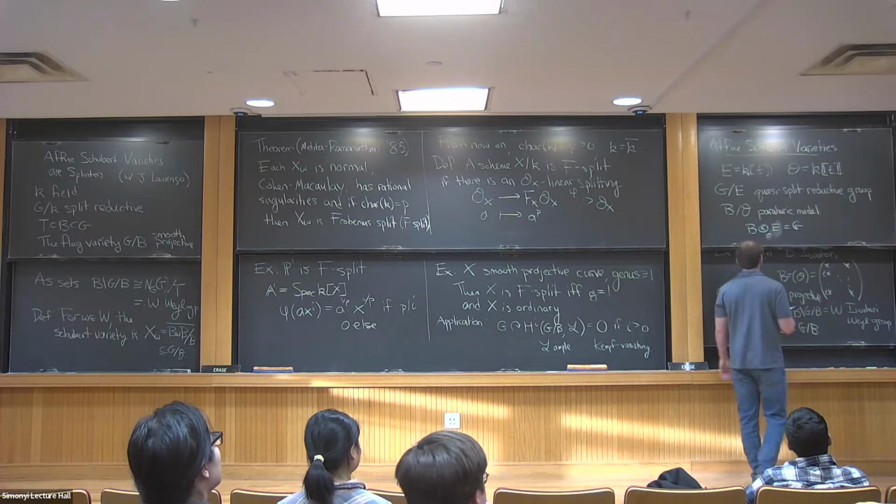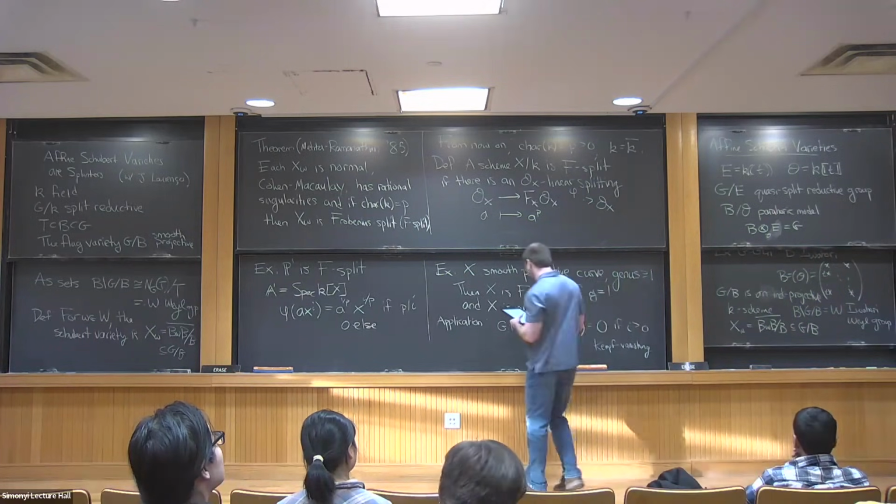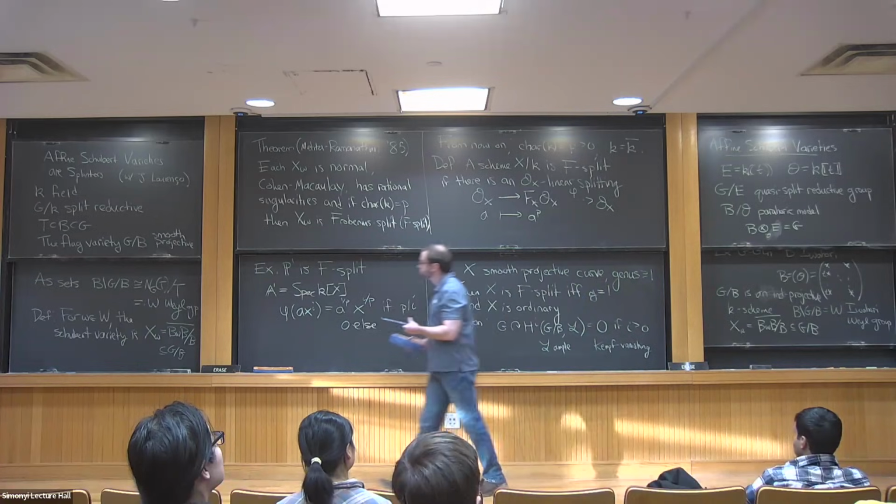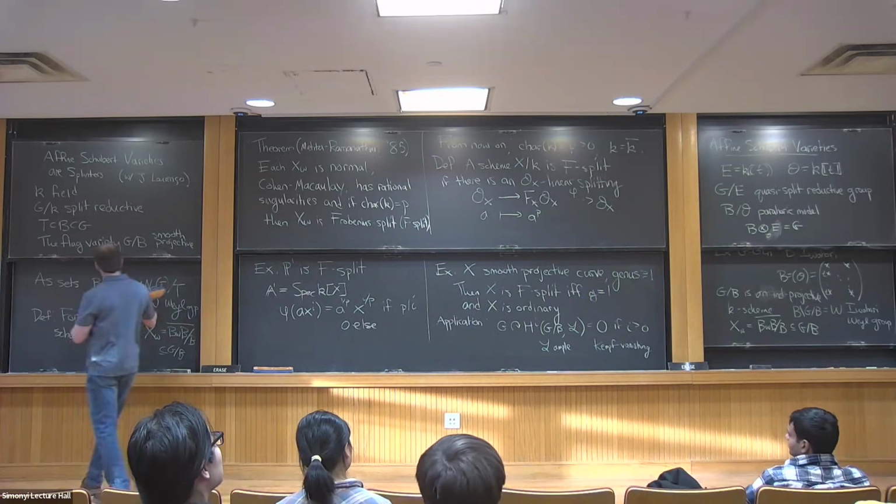Okay, so yeah, maybe just a quick word. Why are affine Schubert varieties interesting? Well, from a number theoretic perspective, they show up in several places.